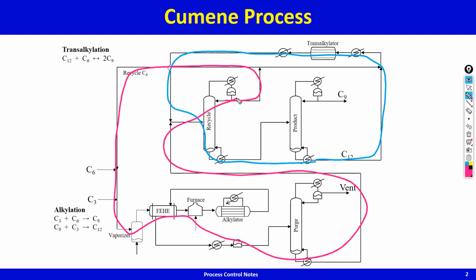Actually, benzene is going along two loops, this way and that way too. So there are quite a few recycle loops. Benzene is going along two loops, DIPB is going around one loop. But the benzene recycle in the DIPB loop is not going to be very large, because the DIPB flow rate itself is not going to be very large, because the alkylator is running under sufficient excess C6 to C3 ratio. But the point is there are two recycle loops.